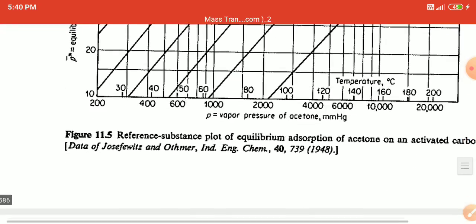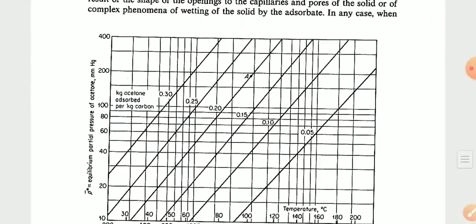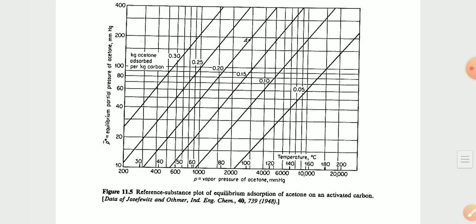This is Figure 11.5, from which we find this data. It is a reference substances plot of equilibrium adsorption of acetone on activated carbon. Okay, this is the basis. Reference substances and a plot of equilibrium diagram, on the basis of acetone on activated carbon.